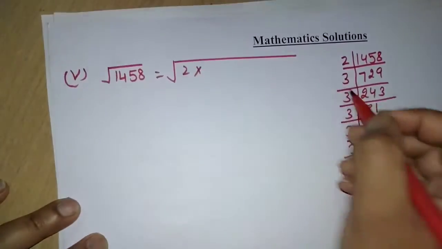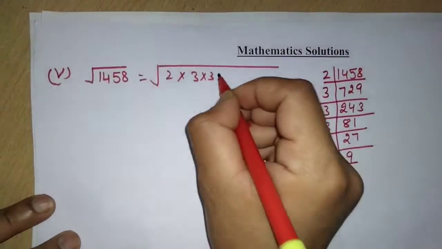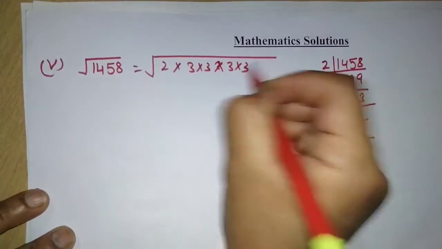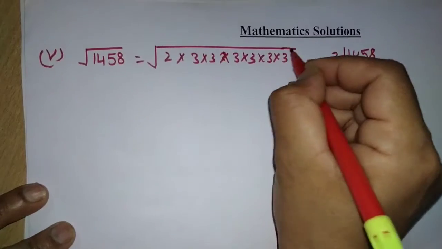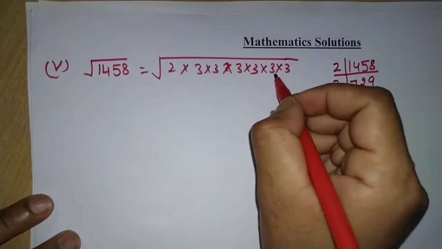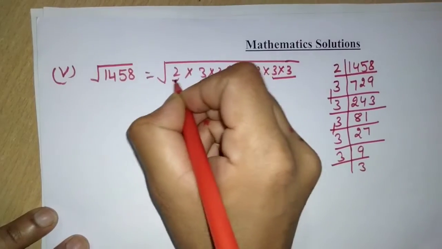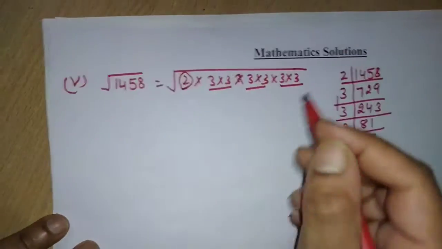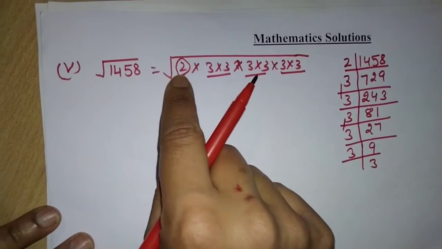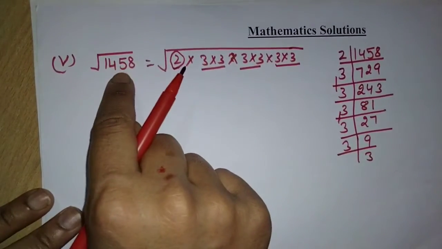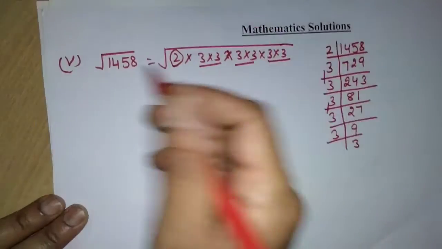Now write them in product form. Here the prime factor 3 occurs in pair form, but 2 remains only in single form. So the required smallest whole number is 2. If we divide the given number by 2, then it will become a perfect square number.